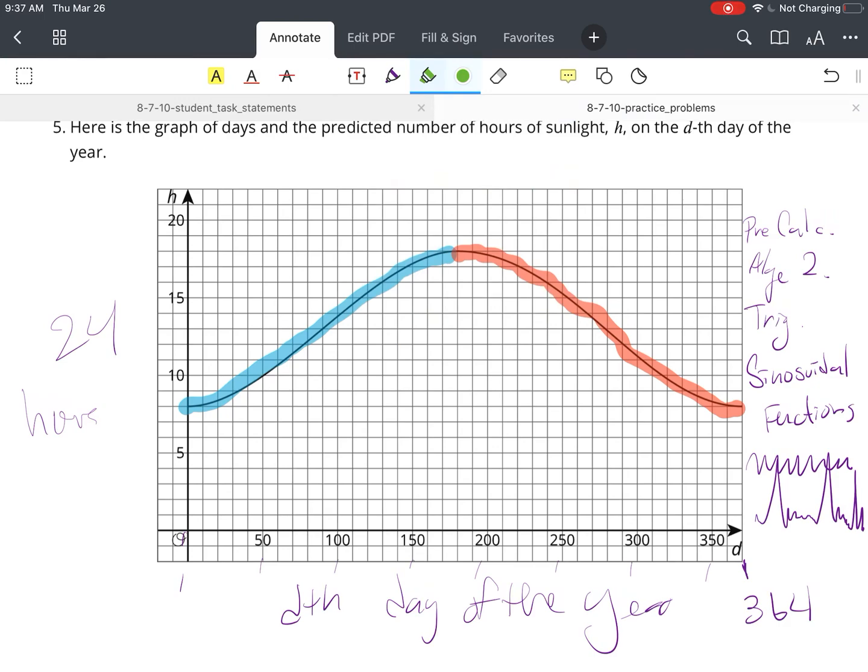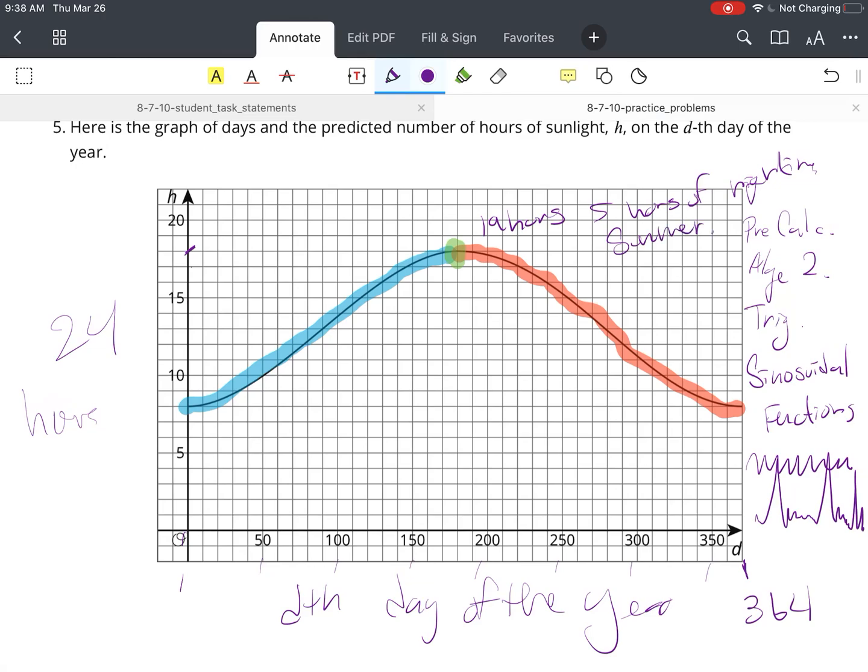And then for a bonus question, let's use green. Where's the maximum amount of daylight? Right here. And it's approximately 16, 17, 18, 19 hours of sunlight. That means only 5 hours of nighttime. Do y'all know what part of the year this happens around?